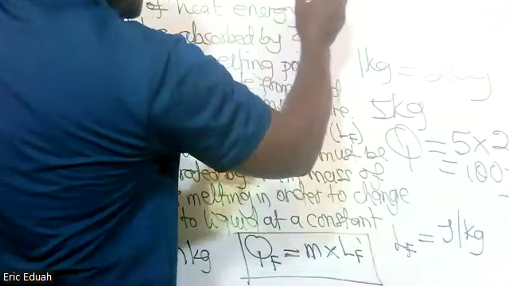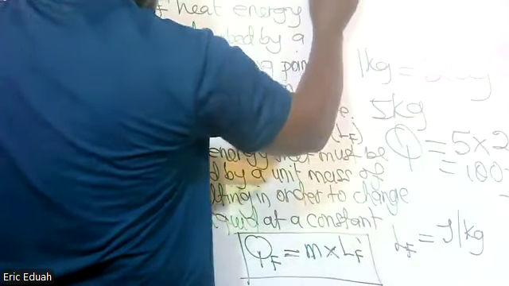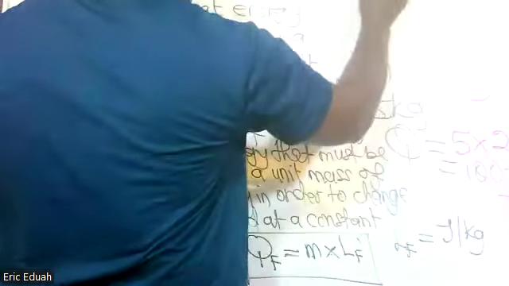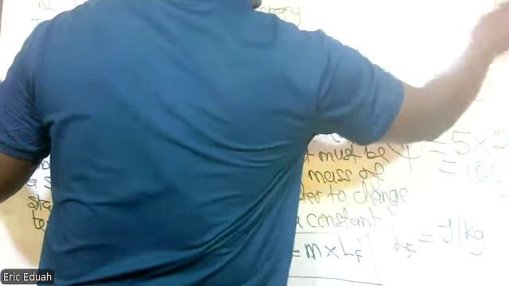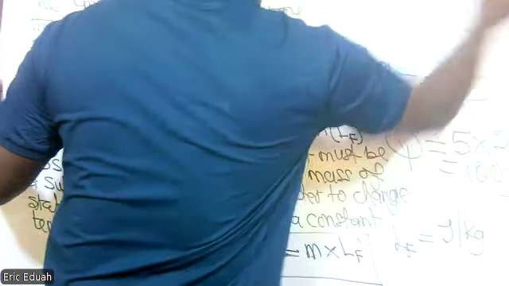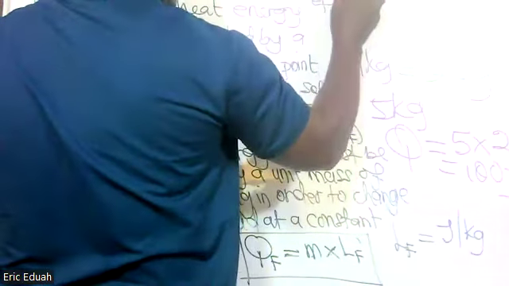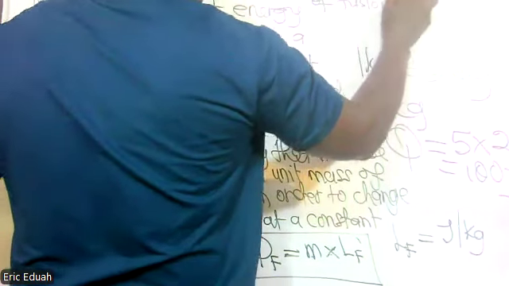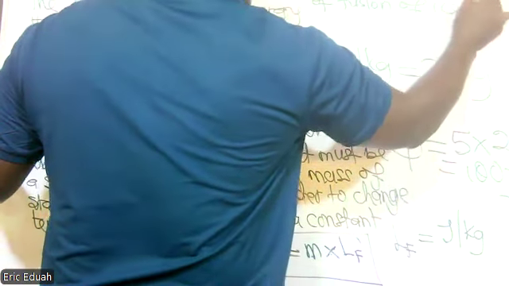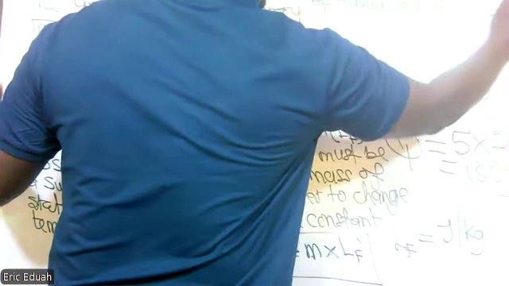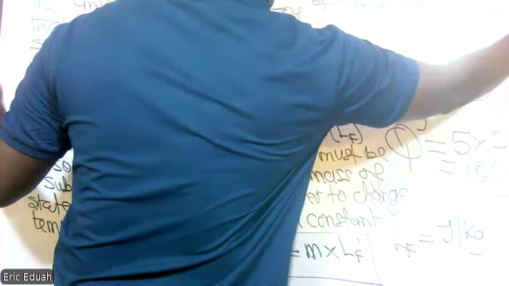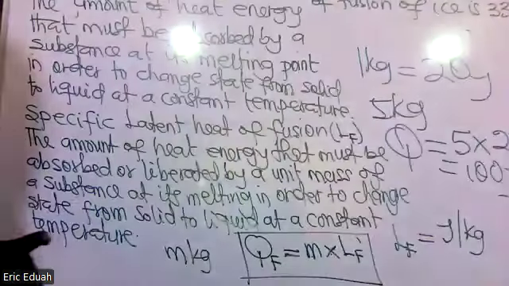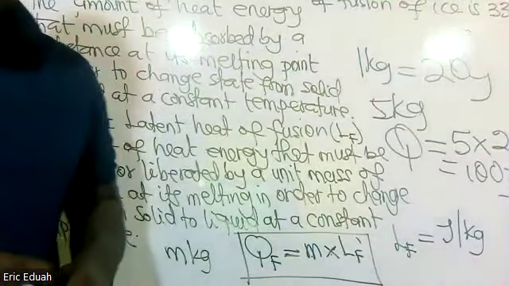The specific latent heat of fusion of ice is 335 kilojoules per kilogram. What does this statement mean?